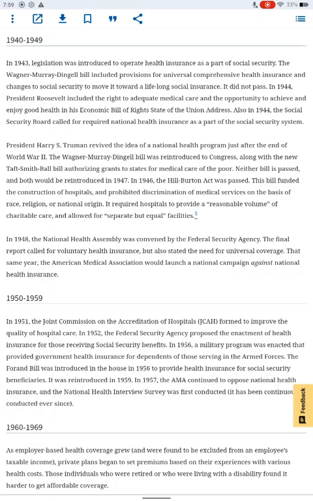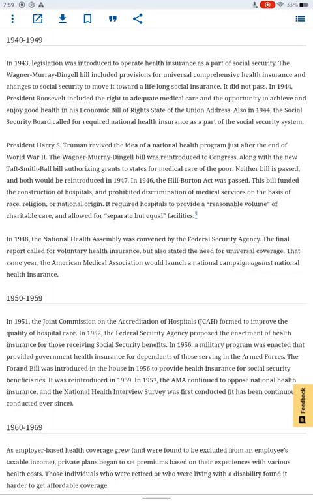In 1944, Roosevelt included the right to adequate medical care and the opportunity to achieve and enjoy good health in his iconic Second Bill of Rights State of the Union address. Also in 1944, the Social Security Board called for required national health insurance as part of the Social Security system. Sounds familiar.